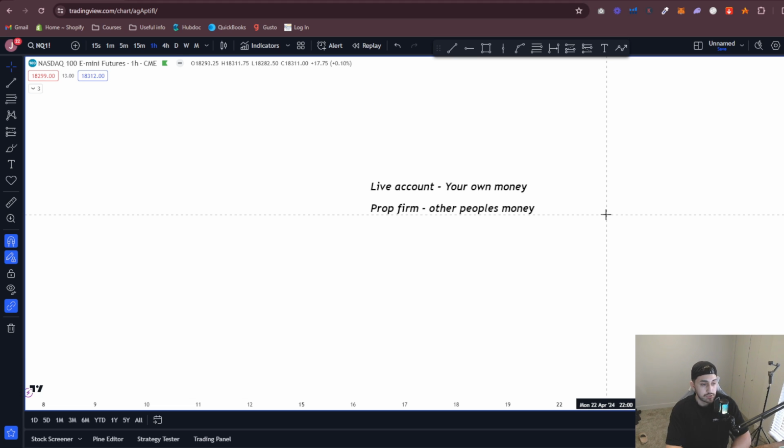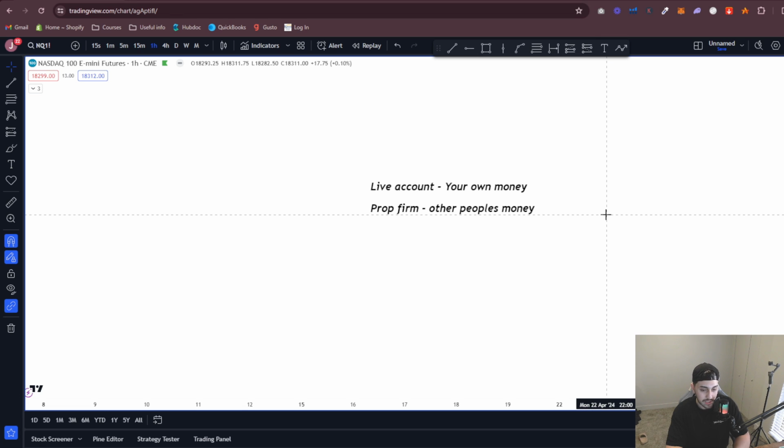Okay, so prop firm is basically, there are companies out there that offer you these demo accounts, right? They're just demo accounts or virtual accounts, and they pay you on your performance on those virtual accounts. Now, these companies will give you a test in order to see if you're qualified to trade on these demo accounts where they pay you out on your performance, okay?